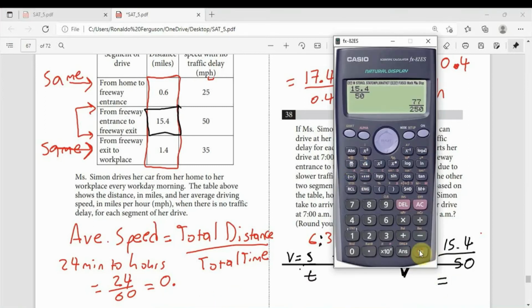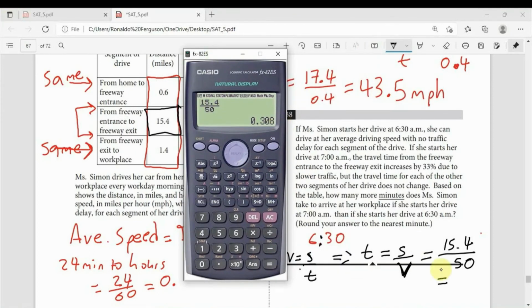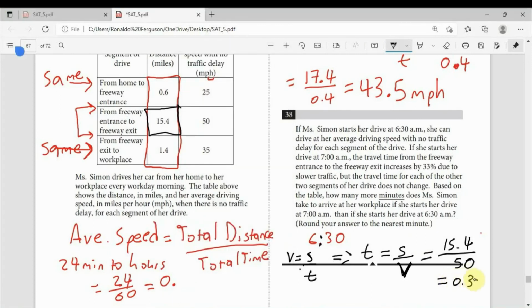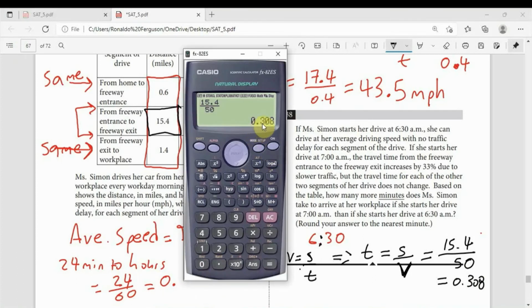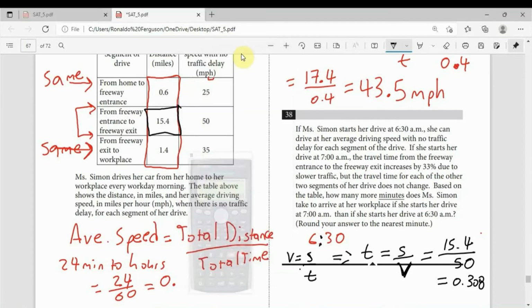You put that in a calculator and that gives you 0.308. But remember, this is in hours. So how can we get it in minutes? Multiply by 60. Multiplying it by 60, that's 18.48 minutes. So that's how long she would travel without any interference.